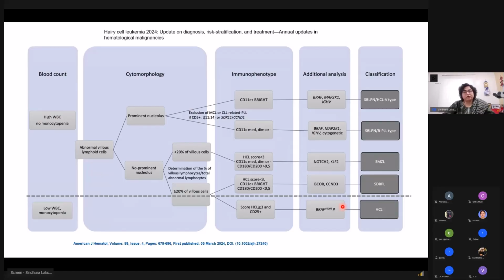If the HCL score is more than 3, CD25 is positive and BRAF V600E is mutated, then the diagnosis is HCL. These cases are usually with leukopenia and monocytopenia, but don't disregard the HCL diagnosis even if you see leukocytosis and no monocytopenia.